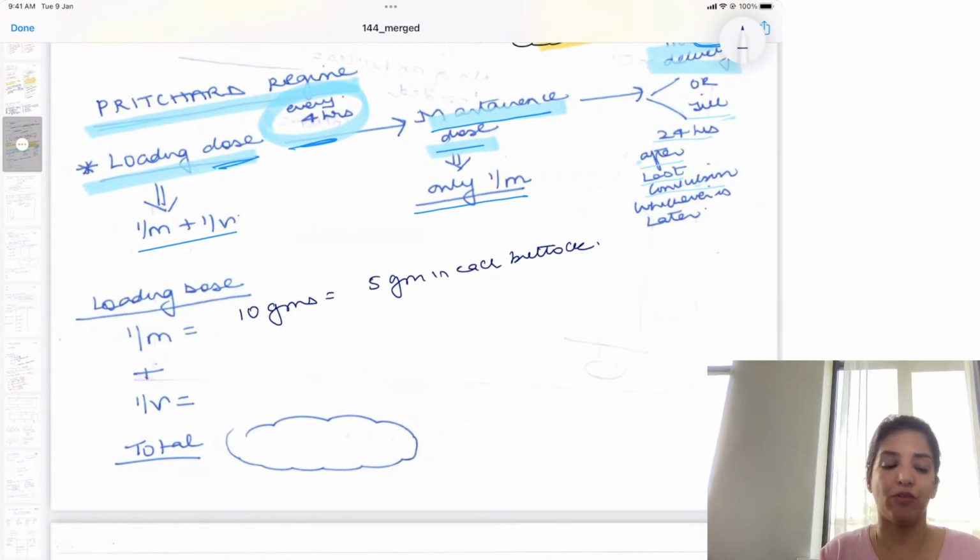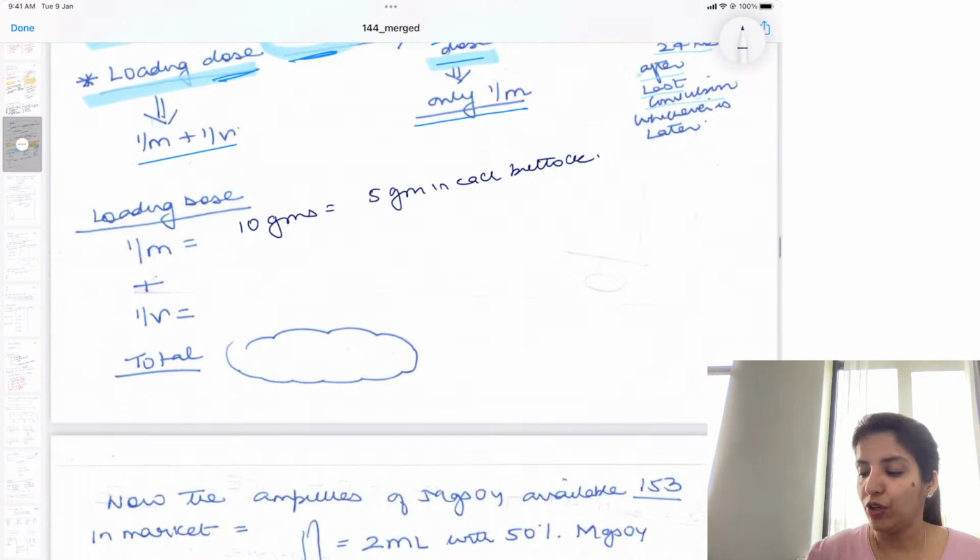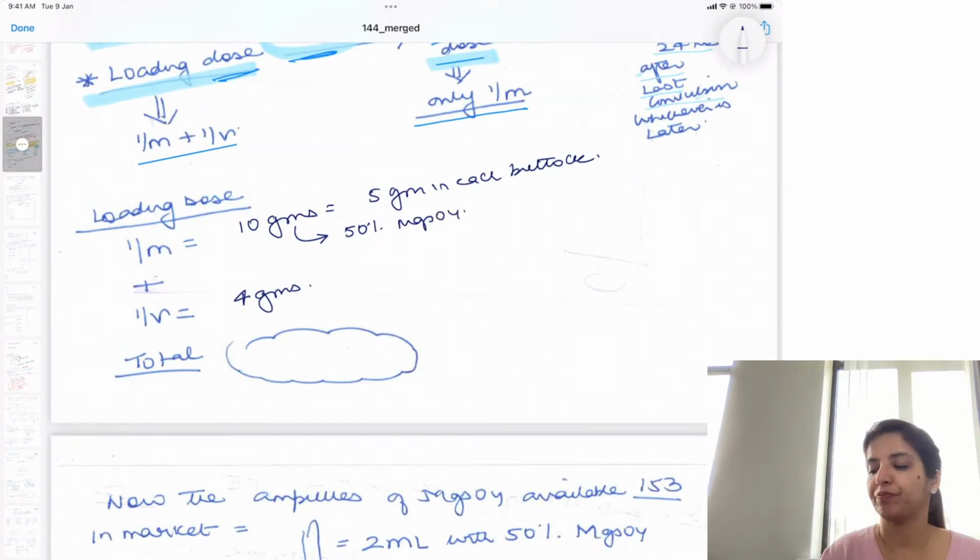Intramuscular, I am going to give 10 grams, in which you have to give 5 grams in each buttock, plus you have to give 4 grams IV. The 10 grams IM dose is 10 grams of 50% magnesium sulfate.